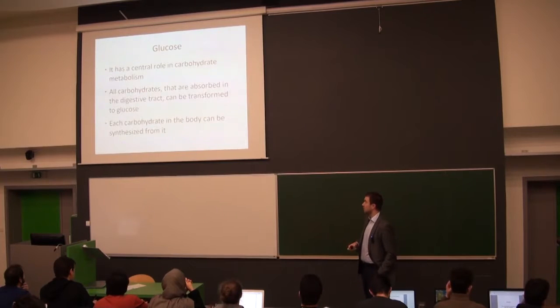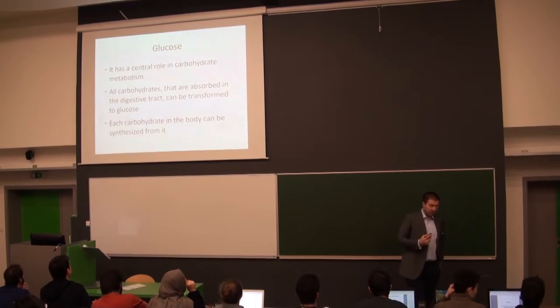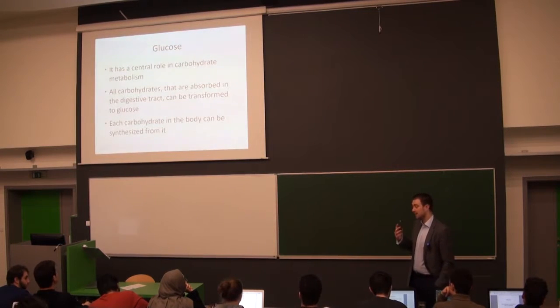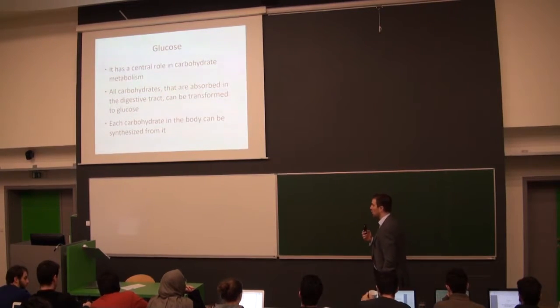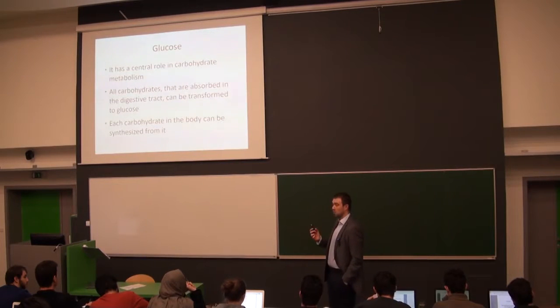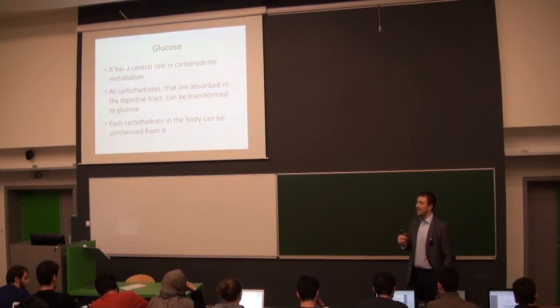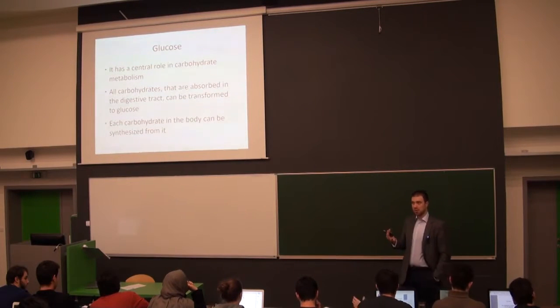So if we start with glucose, as you have heard from us many times, glucose has a central position in saccharide metabolism. What does it mean? That means that all saccharides that you have in the diet, or you can say the majority of them, can be transformed to the glucose molecule.